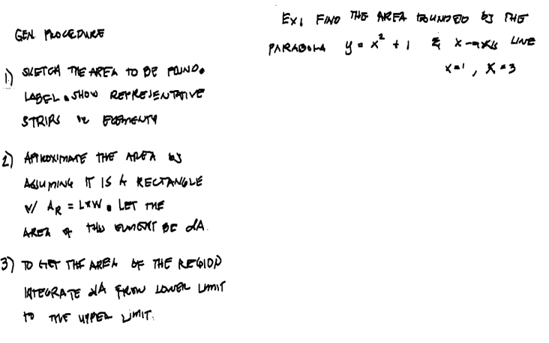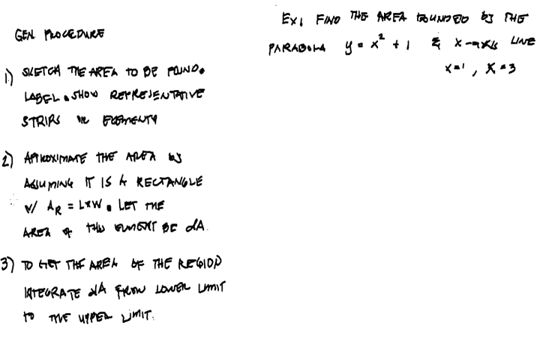First, you need to sketch the area to be found, for an illustration of the area that we need to find, and of course we need to label it with some important points in our problem, and then show the representative strips. Later on I will give you an example regarding this, or what we call the element.